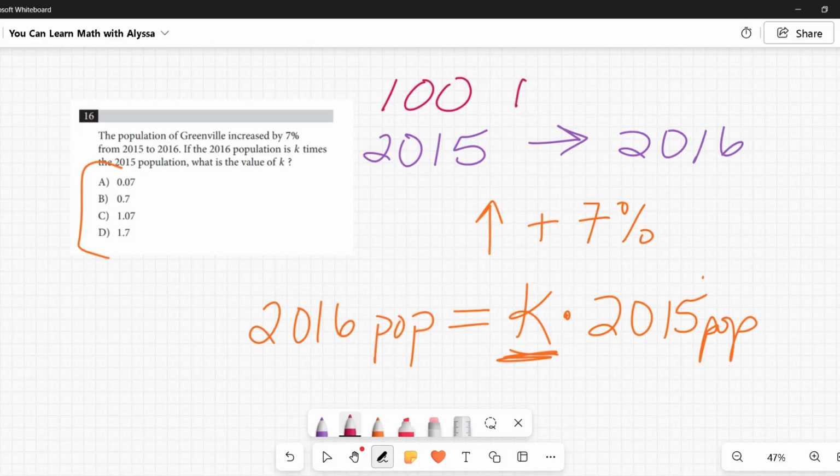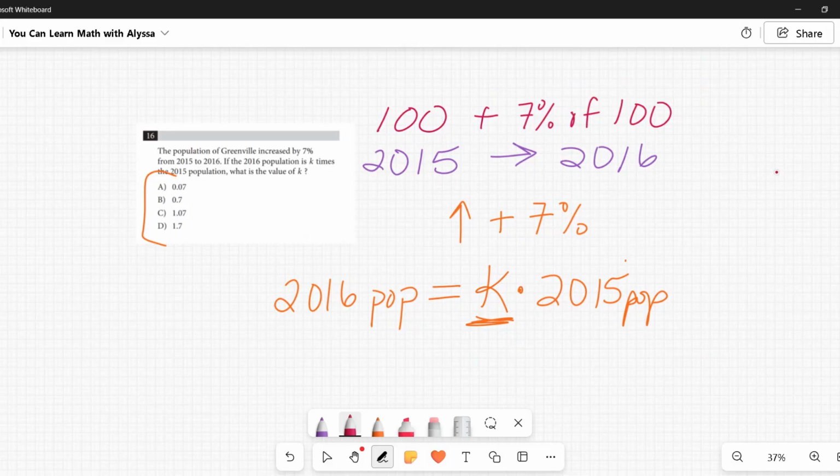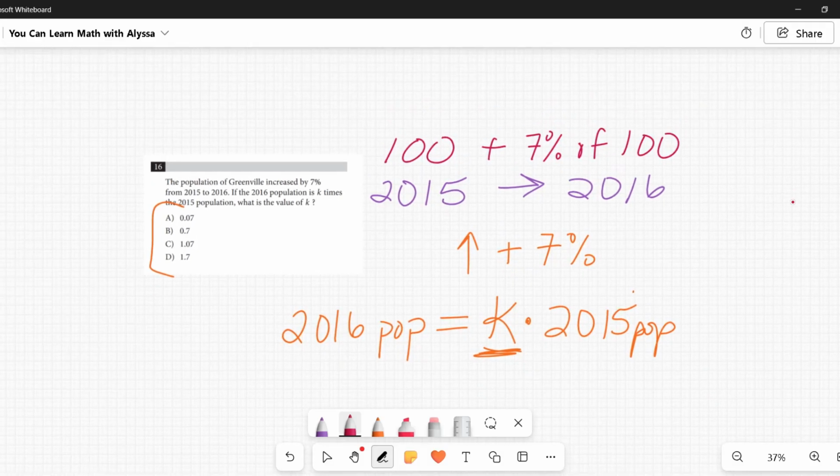So we can say it's 100 plus 7% of 100. All right, so 7% of 100, I'm going to zoom out, give myself a little more room here. 7% of 100 is 7. So 100 plus 7 is 107.